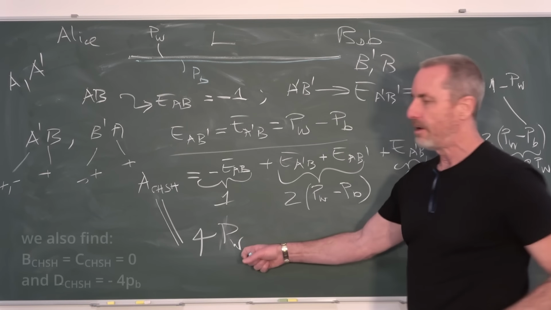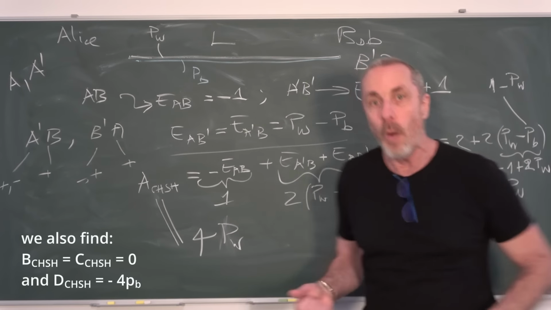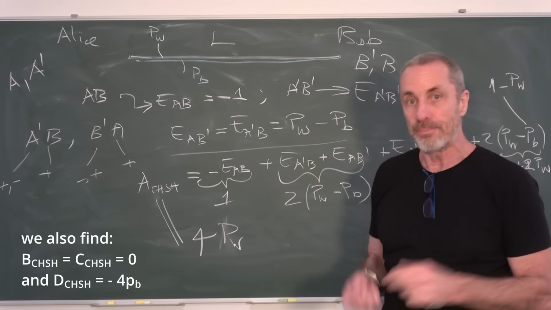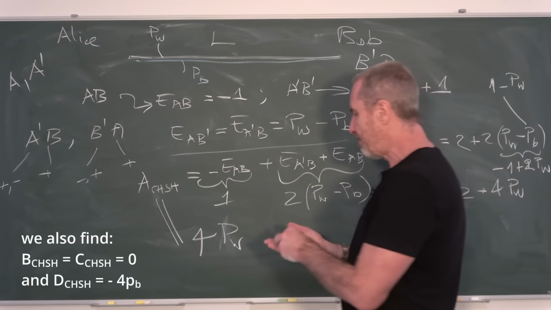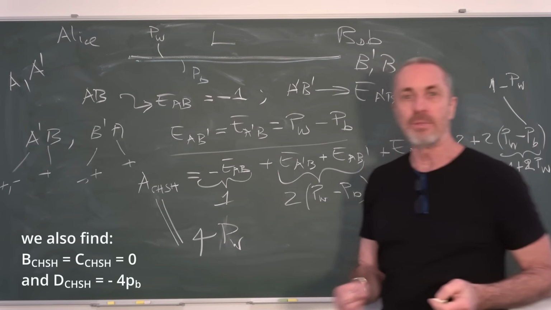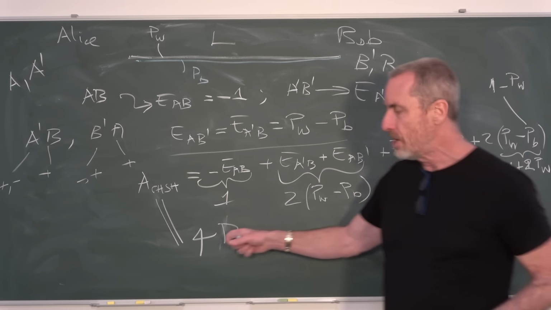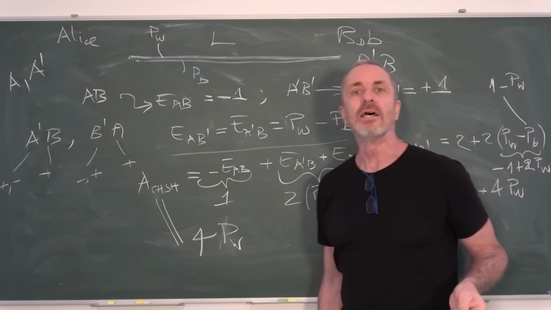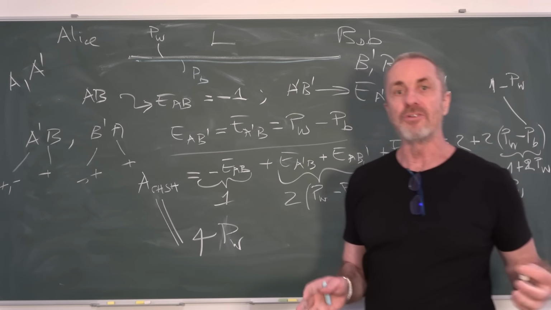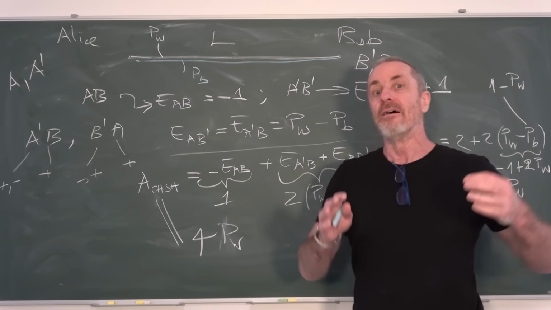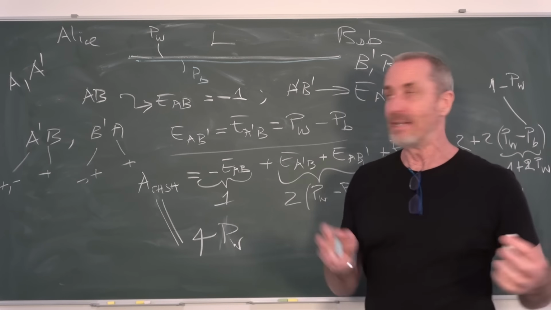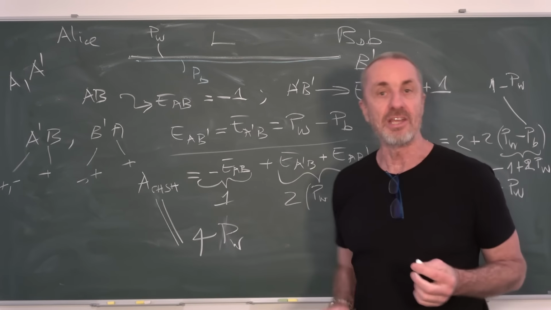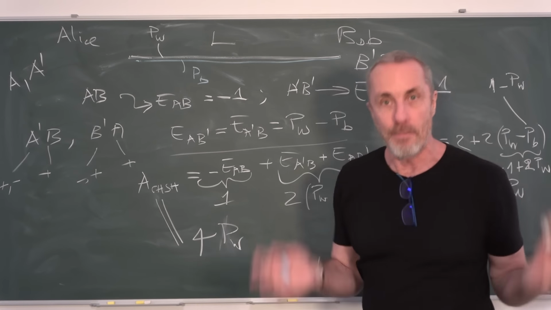And of course, if the probability to be white is 1, then we are back to the previous example. But this probability now can be anything from 0 to 1. So we really see that we can have all sorts of situations. We can violate Bell's inequality, the CH-SH version, with whatever magnitude.